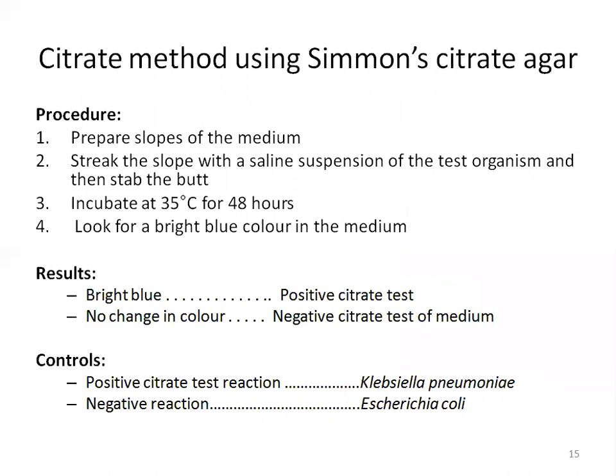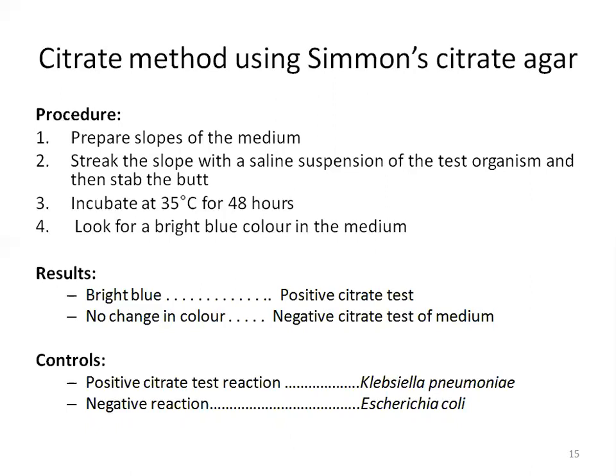The other method is using Simon's citrate agar. What you will be doing is prepare slopes of the medium. Then using a straight wire, first streak the slope with a saline suspension of the test organism, and then stab the butt, that is the base of the test tube.